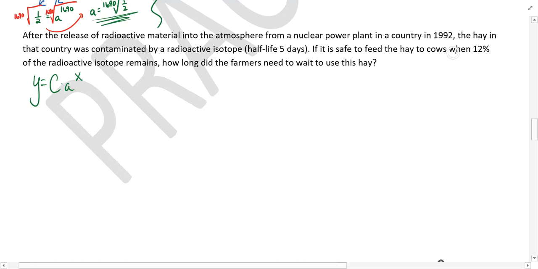We know that it's safe to feed the hay to the cows when the isotope reduces to 12% concentration. And so our question is, how long will it take? We're going to actually have to solve for t this time, or x in this case, because x is our independent variable.